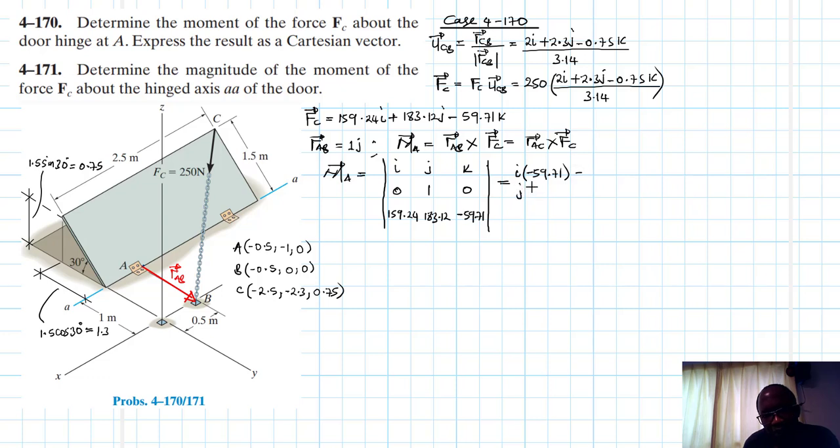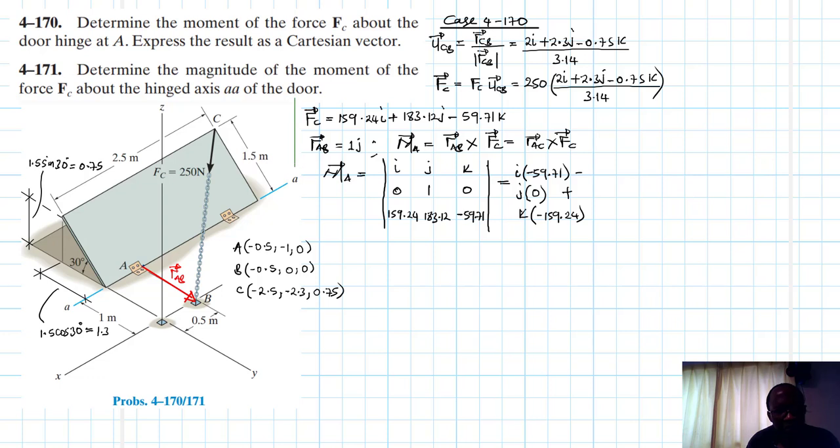Minus, we have a J there. A J, what does it give us? A J, we have a 0, right? 0. Then plus, we have a K. What does a K give us? A minus, this minus that, just a minus 159.24. Alright.